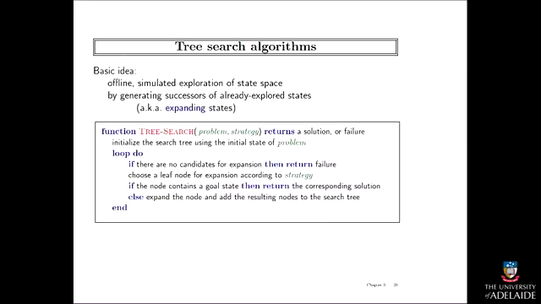And different strategies will result in different kinds of search for the tree. So we choose that leaf node. If that node happens to contain a goal state, then great, we've succeeded. We've found a solution to the problem, and we can return it. Otherwise, we're going to expand that node and we'll add those resulting nodes to the search tree. And the order in which we add those nodes also will tell us something about the search algorithm.